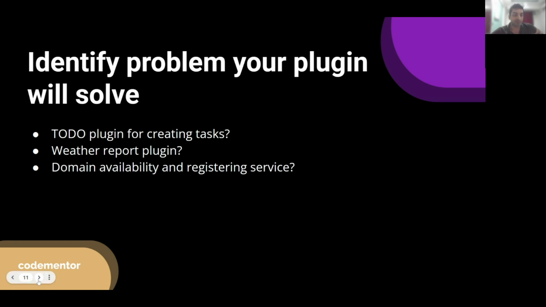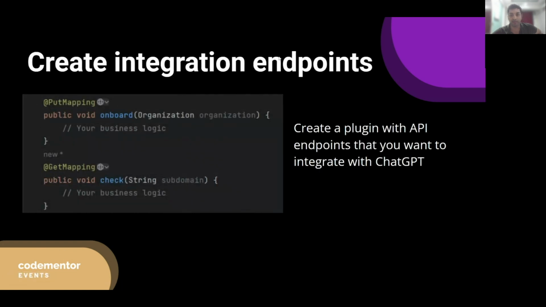Once you have identified the problem that you want to solve, the next step is to create your web APIs. You can do this using any framework or language that you're comfortable with. You can use Java, you can use Python, any framework you're comfortable with. This example I've done is using Java Spring Boot.